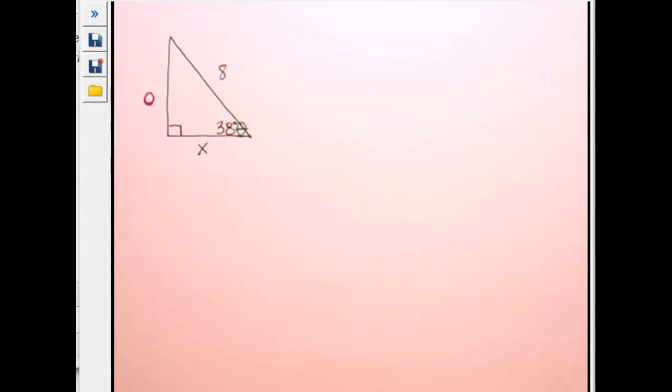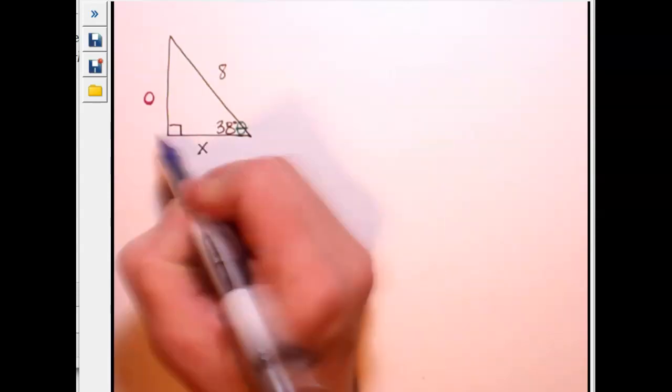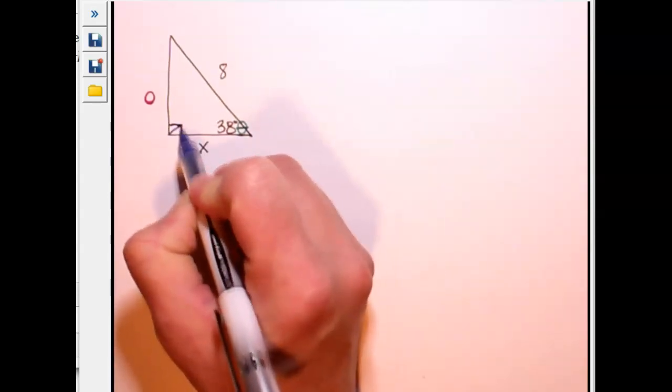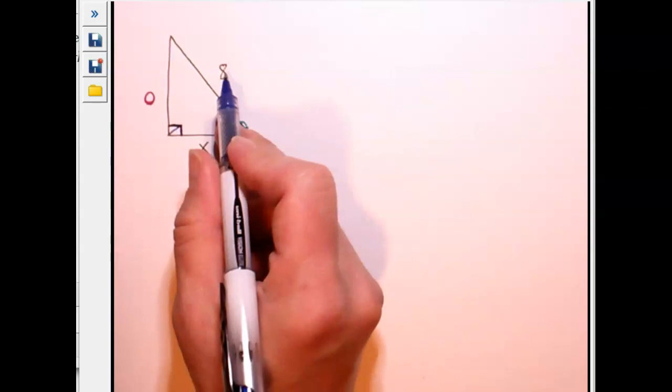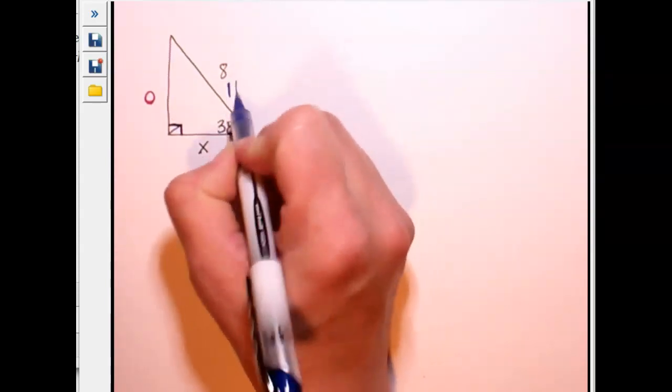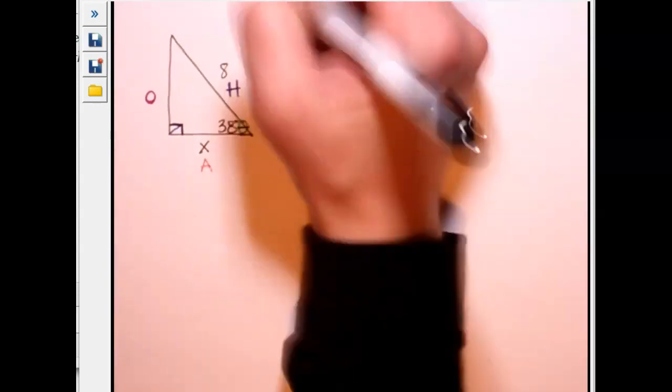And again, we can always find the hypotenuse just by looking directly opposite from that 90-degree angle. So here's our hypotenuse right here. And then that means that the x value, that's our adjacent.